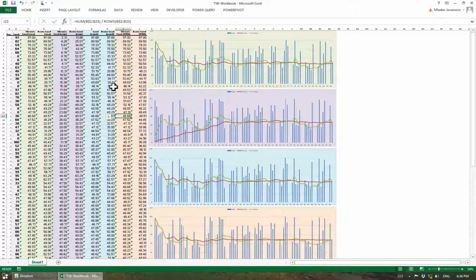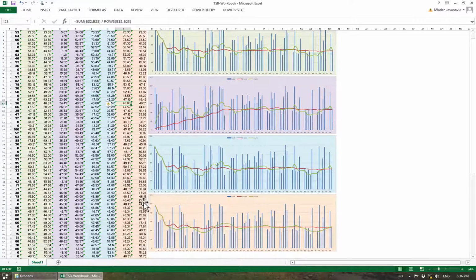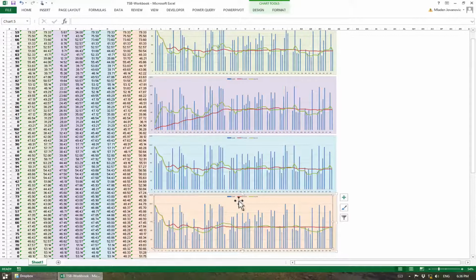So the smoothing should be more reactive to recent events, and that's the bottom one. As you can see, it's smoother, and in my opinion, it doesn't react so well compared to the simple rolling average, but it gets a smoother version. Again, this one is also robust to zeros.